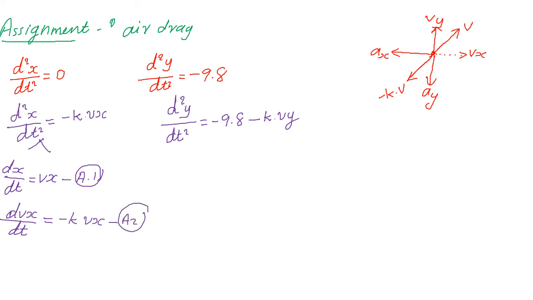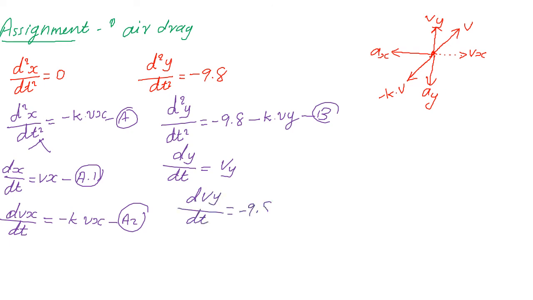Before it was 0, right? Now it is there. Similarly, your equation b can be resolved into dy by dt is equal to vy, and with that dvy by dt is equal to minus 9.8 minus k into vy. Equation b1 and equation b2. Okay, fine.